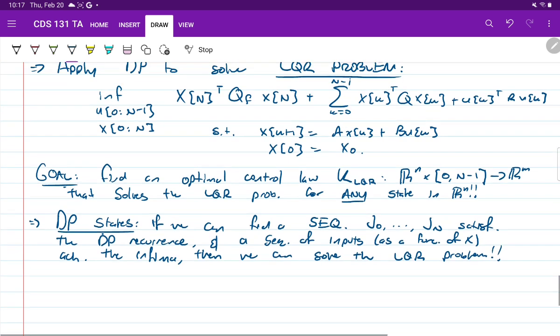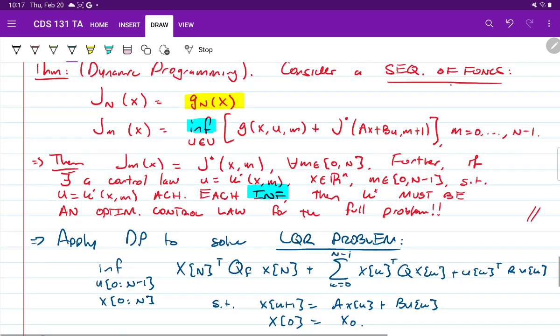So let's put dynamic programming to use to construct a solution to this LQR problem.